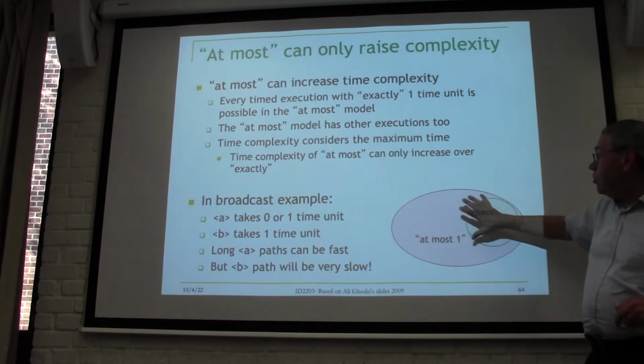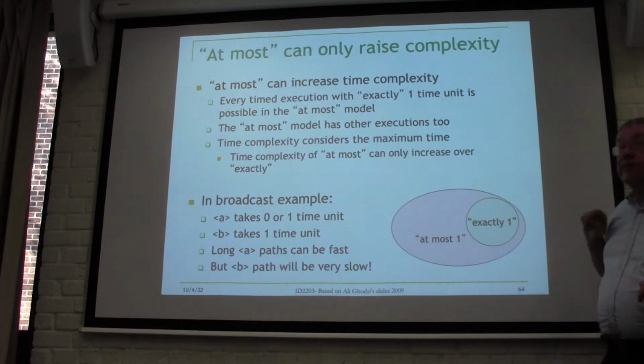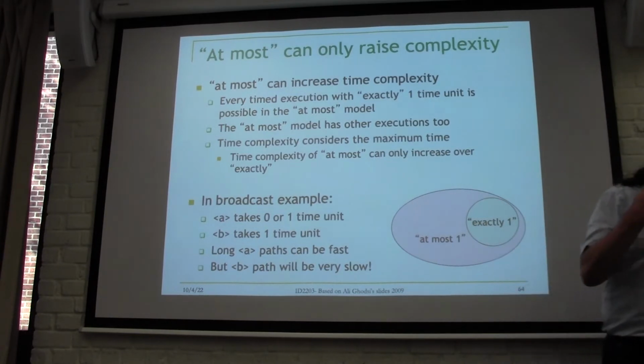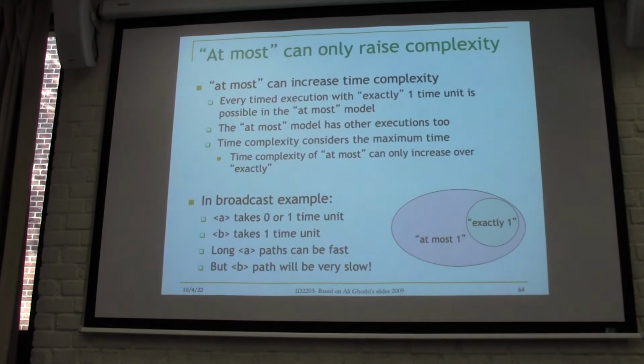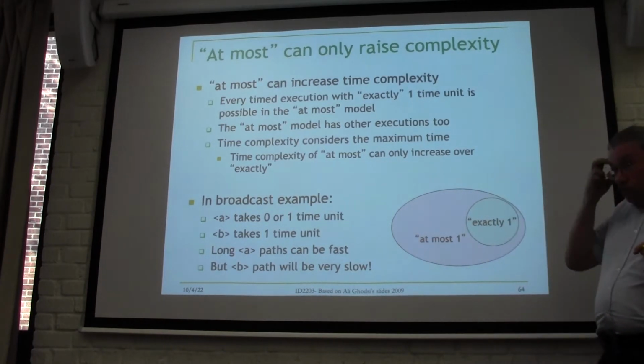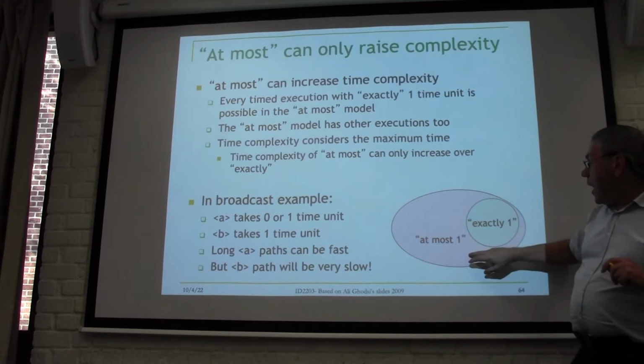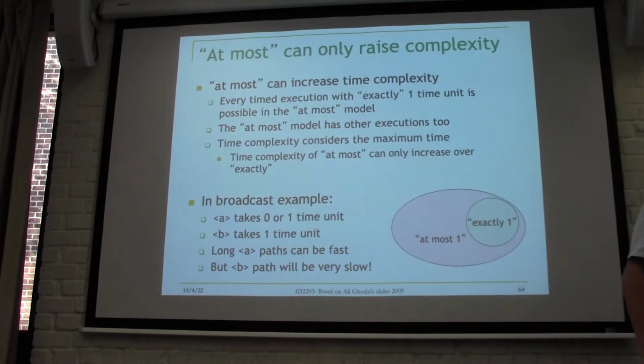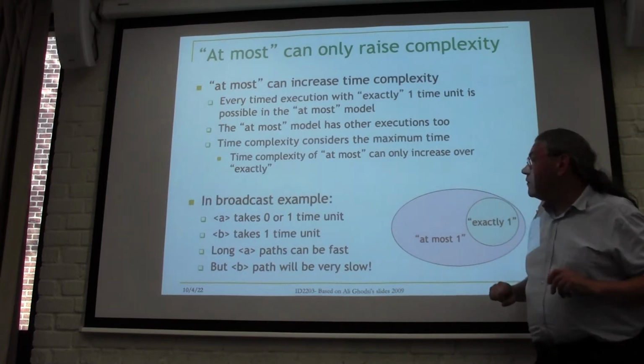It will either have equal or more than the exactly 1 model. See that? And you might say, well, maybe it's equal. But no, in fact, for this algorithm I showed you, I can show you graphs where the at most complexity is strictly greater than the exactly 1 complexity.